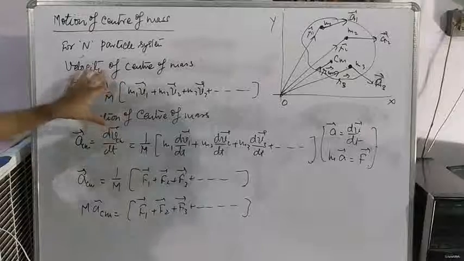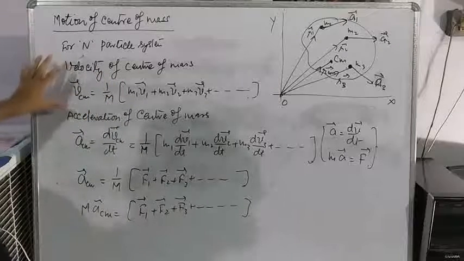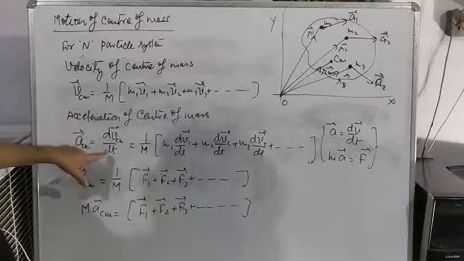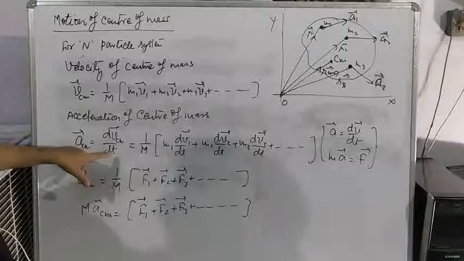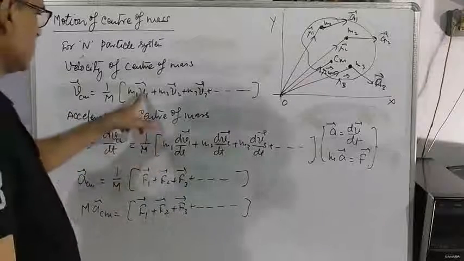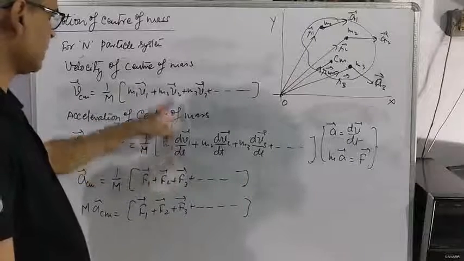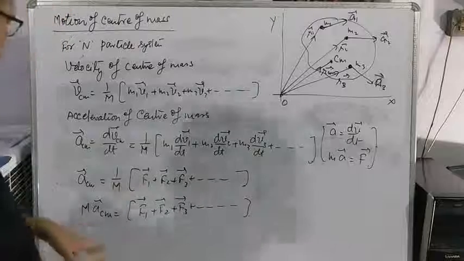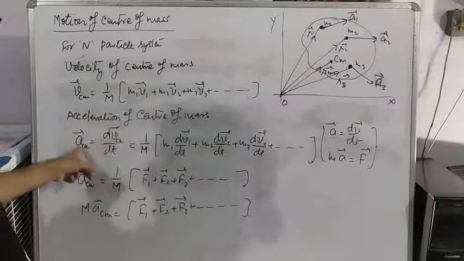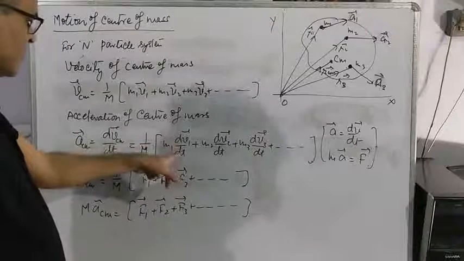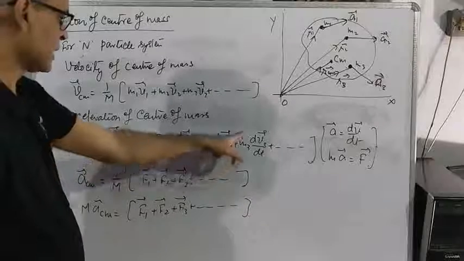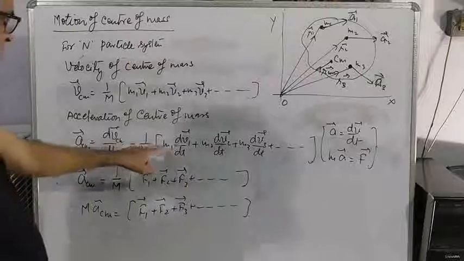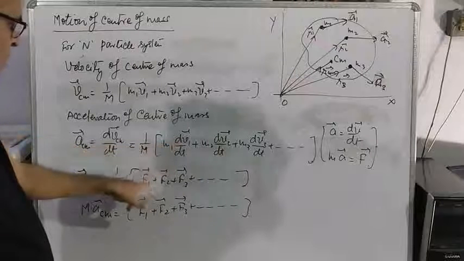To find the acceleration of center of mass, let us differentiate this equation with respect to time. From here, dv1 by dt, dv2 by dt, dv3 by dt and so on. This is the acceleration of center of mass. This is the acceleration of first particle, second particle, third particle and so on. Now mass into acceleration is called force.